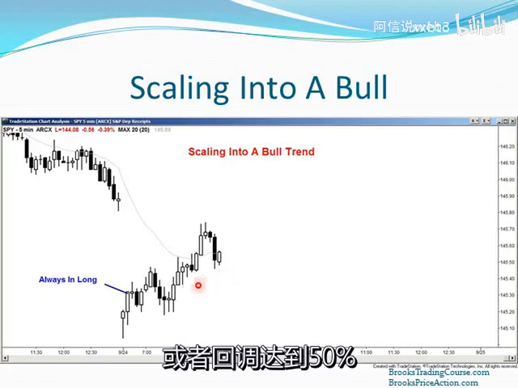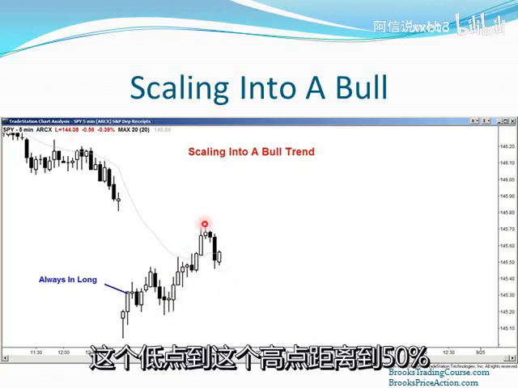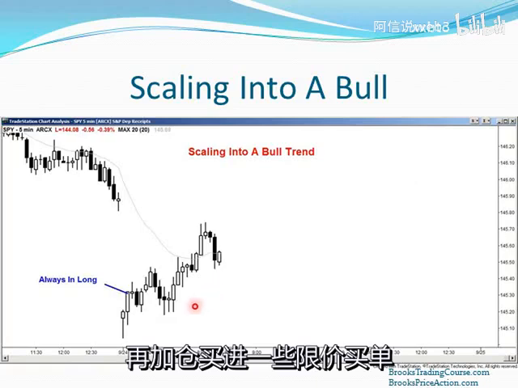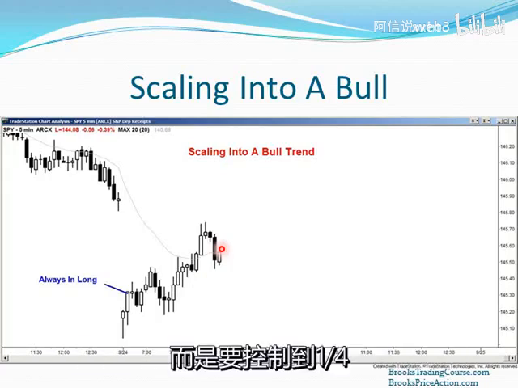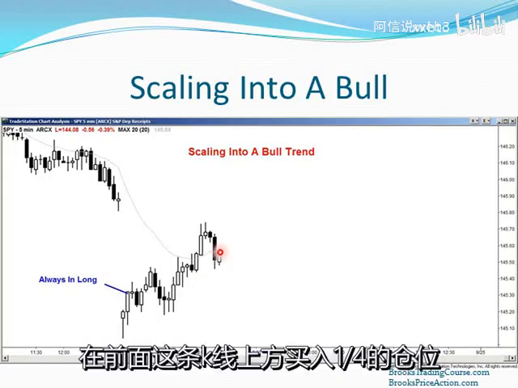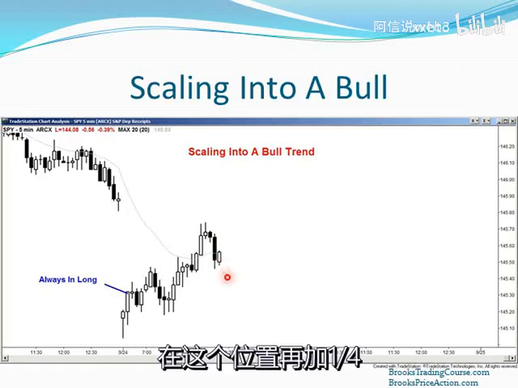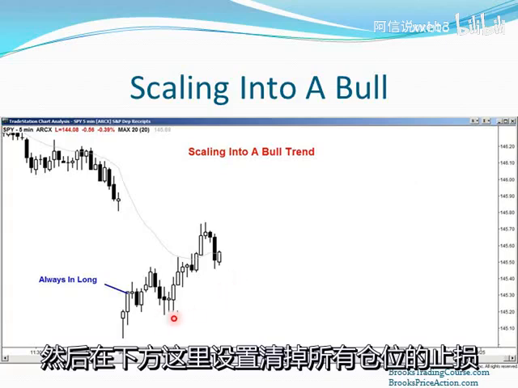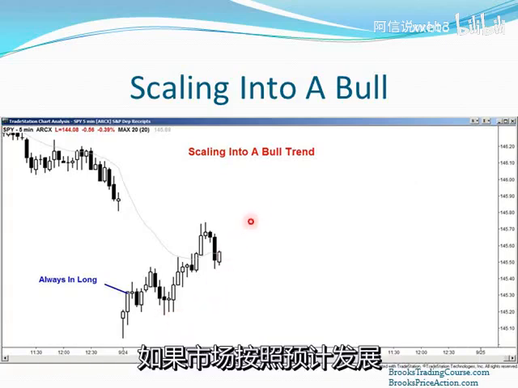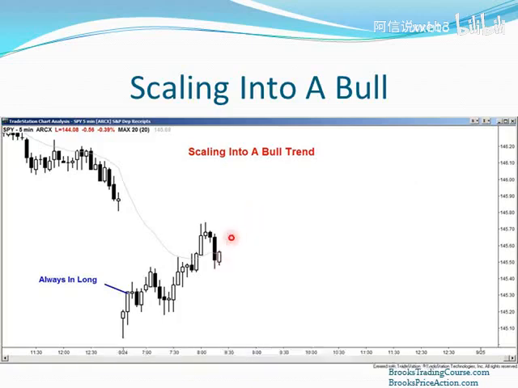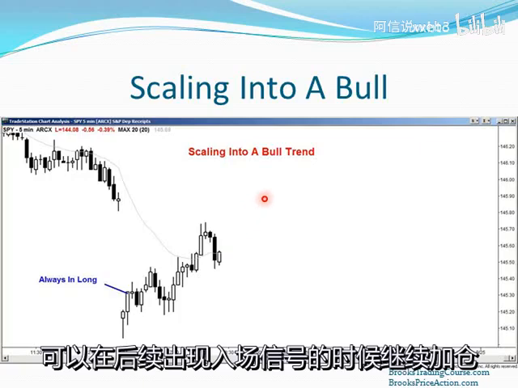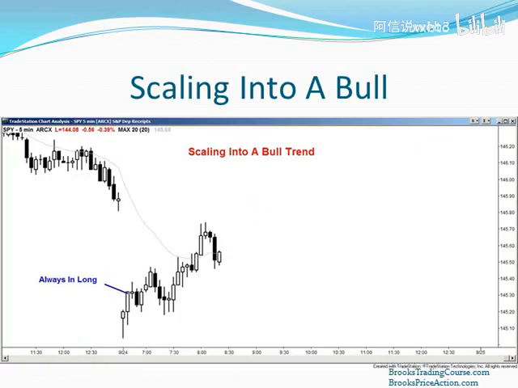Maybe if it reaches a 50% pullback from this low to that high, I'll just buy more with a limit order and put my stop below here. If that's the case, they cannot trade half size. They probably should trade a quarter size. So buy a quarter size maybe above this bar, and then maybe another quarter size at their add-on position, and then a stop on the entire position below. If the market just goes their way right away, that's fine. They'll have a quarter size position, and they can add on higher as other signals develop.